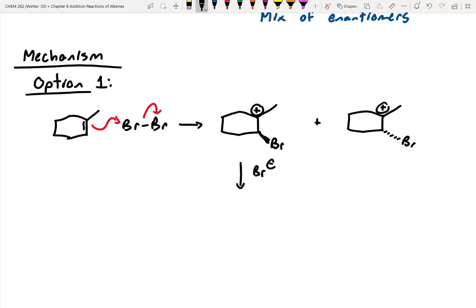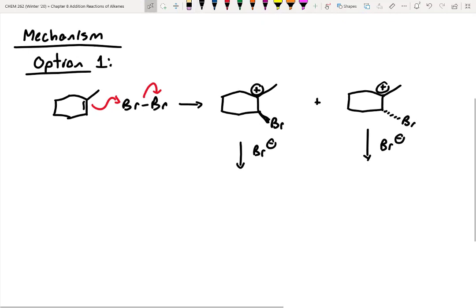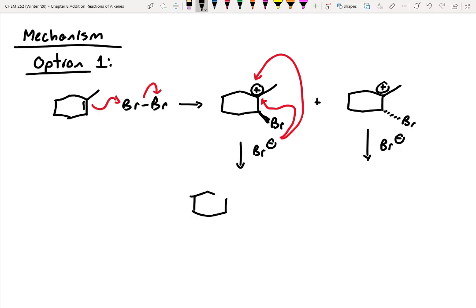And then we've got bromide in either case kind of floating around as a negative charge. So just like we saw in the halogenation reaction, I see this often where students will say, well, maybe it could do a top side attack, or maybe it could do a bottom side attack. If it does a top side attack, then the bromine must be a wedge, methyl group a dash. Does that make sense? And then let's do the bottom side attack.